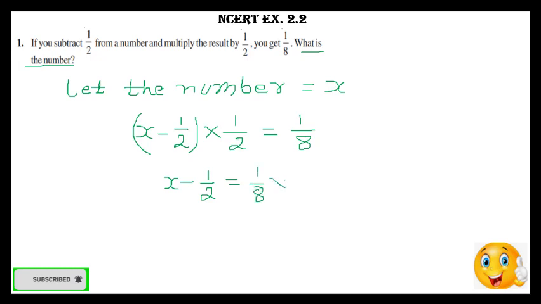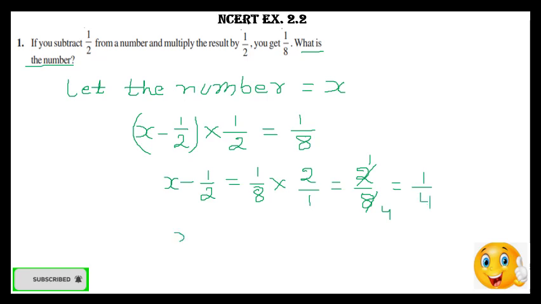We take reciprocal here, 2 upon 1. So next we can write here 2 1s are 2 and 8 1s are 8, and 2 divides 8 4 times, so 2 1s are 2 and 4 times 8. So we have on the right side the simplest value, that is 1 by 4.